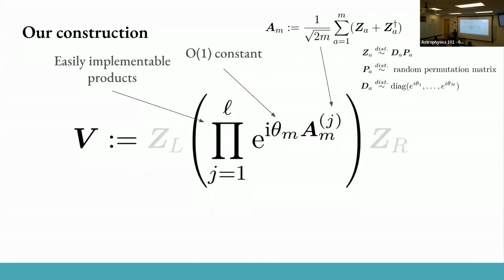Intuitively we're taking sums and more products to balance it out and mix things more. But what the analysis really required was taking these exponentiated permutations and expanding out the exponential into a Taylor series. And now we have a product of a sum, a Taylor series of a bunch of permutations.